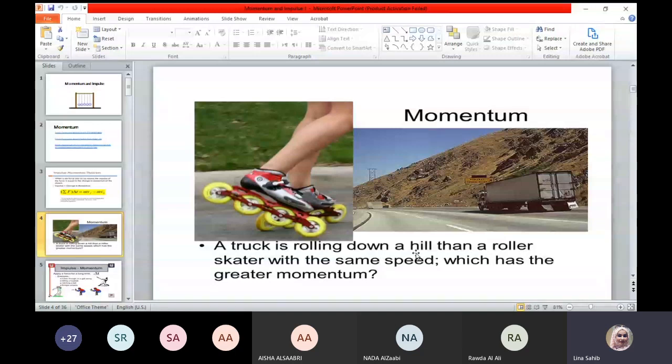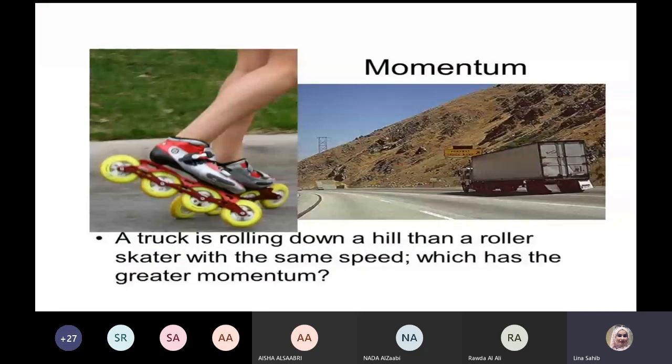Now, who has more momentum? Don't forget, we have the same speed here and here. So let's remember together the momentum. The momentum depends on two factors, vectors. What are they? The mass and the velocity. If the velocities are equal, forget the velocity. What do you have to use? You have to use the mass to compare, because the velocities are the same.